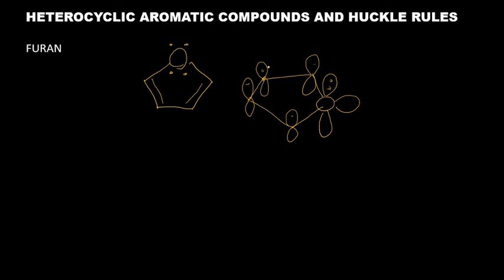So this will combine to give us a pi bond, as well as this combining to give us a pi bond, and then we have a lone pair on oxygen in the p orbital, so we can count it as pi electrons, because anytime we talk about pi electrons, we are talking about available electrons in the p orbital. And then we have another lone pair here, but this one is in an sp2 hybridized orbital, so we cannot count it as part of the pi electrons.